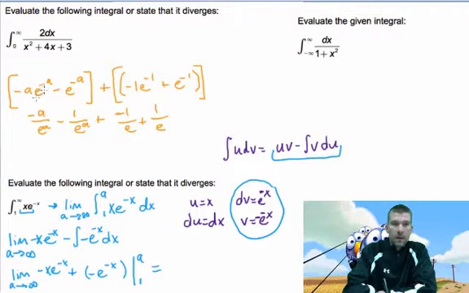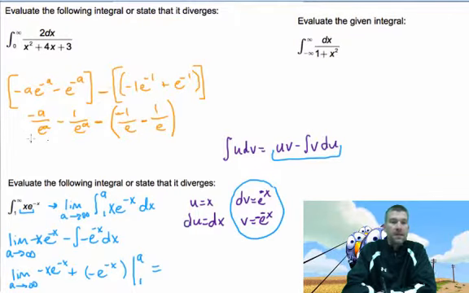Stop minus start. Whoop, I forgot a minus sign here. Stop minus start. And I think this should be negative 2. I have got to get these signs straight. Yikes. All right, so here we go.